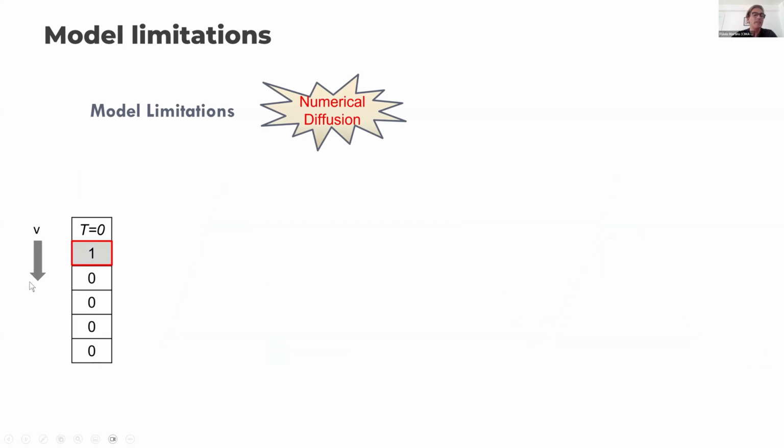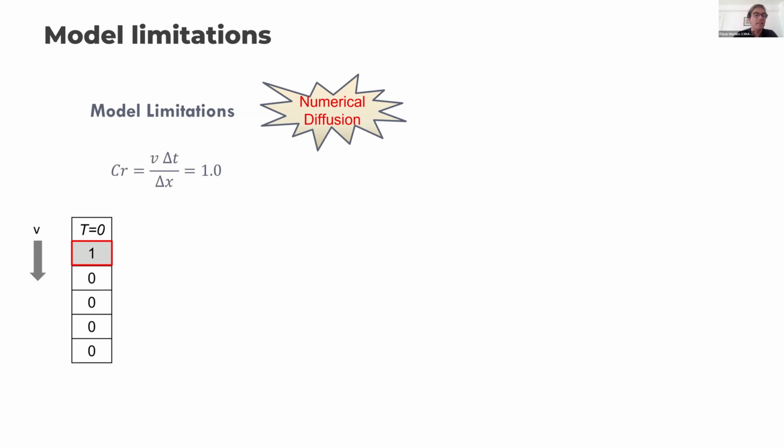And the velocity is from top to bottom, okay? So if the Courant is 1, now you know what the Courant means, the distance the fluid travels in 1 delta t compared with the size of the cell. If the Courant is 1, in 1 delta t, the fluid will move exactly 1 cell, okay?